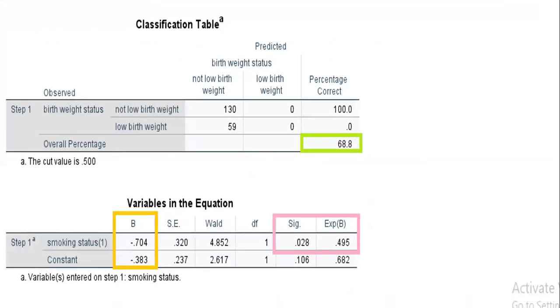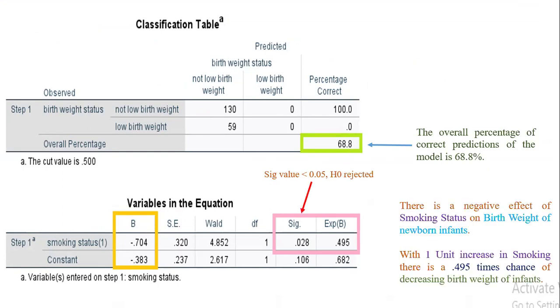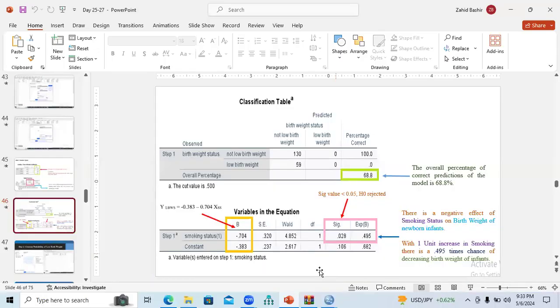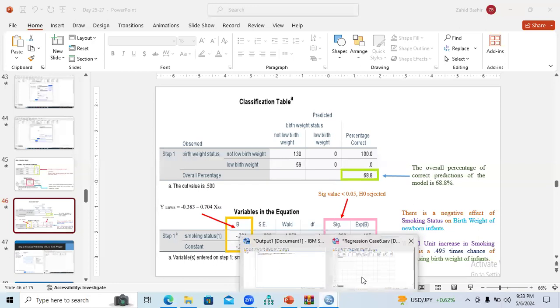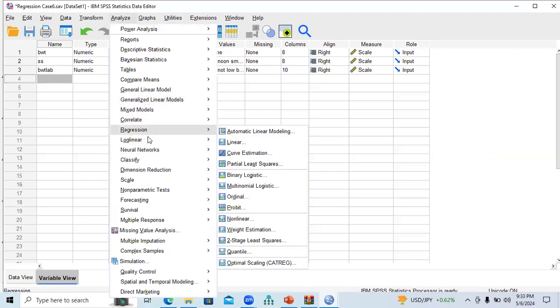And you can see the remaining things here, and you can generate the model in a similar way as we have discussed previously. So let me show you the procedure first. We go to Analyze, then Regression, then Binary Logistic.